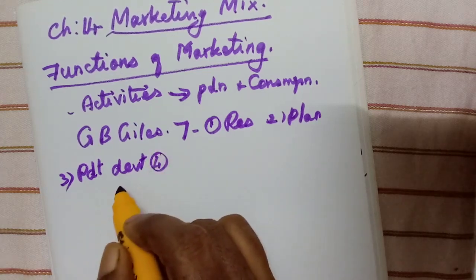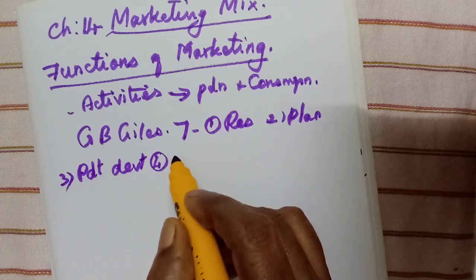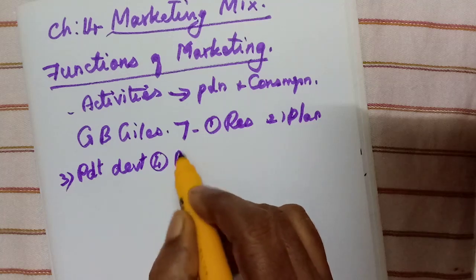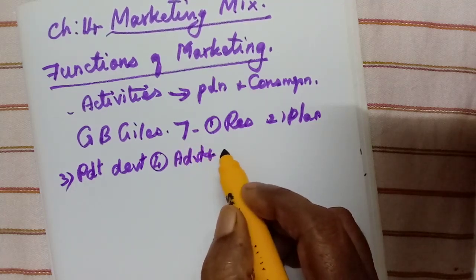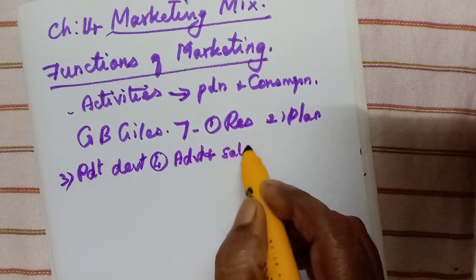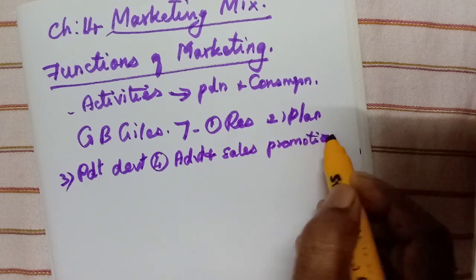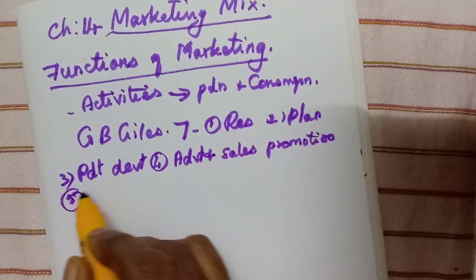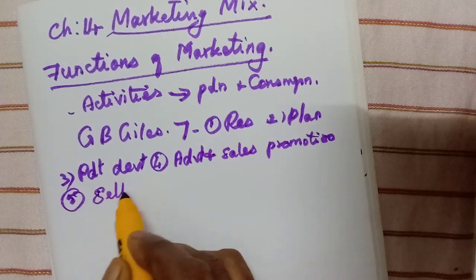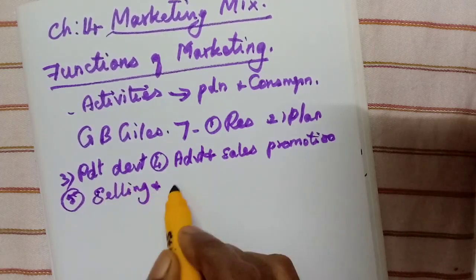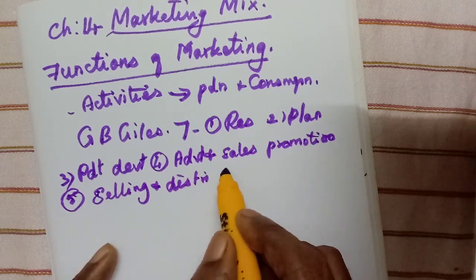Then advertisement and sales promotion. Once he has decided about the product to be sold, he has to decide about the advertisement and sales promotion. What type of advertising he can select in order to promote the sale. Then after this, selling and distribution. They have to sell, and for that they have to distribute the goods and service.